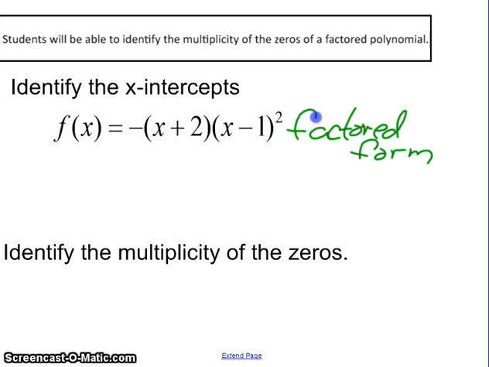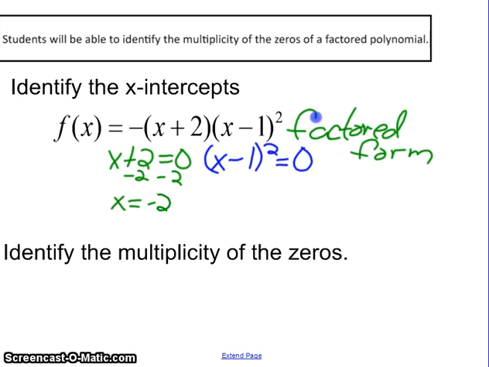All right, what I'm going to do is take all of my factors, x plus 2, set it equal to 0, and I'm also going to take x minus 1 squared, set that equal to 0, and solve both equations. Here I'm subtracting 2, which gives me x equals negative 2. That's one of my two x-intercepts. Here I'm going to take the square root of both sides.